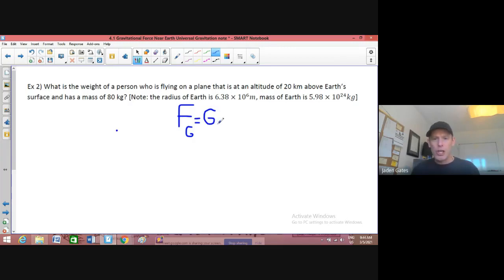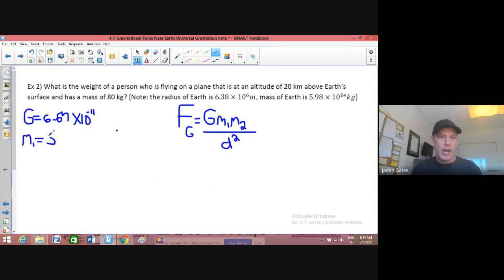All right, so I have G times M1 times M2, again, divided by D squared. Now, our G value, that is a constant. That's the one I put down there. That's 6.67 times 10 to the negative 11. All right, M1, that's the mass of our person here, is 80 kilograms.